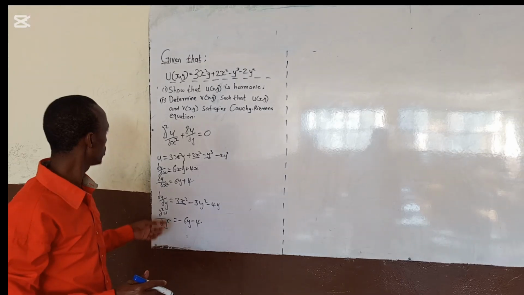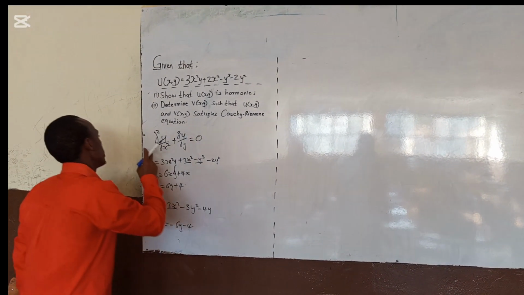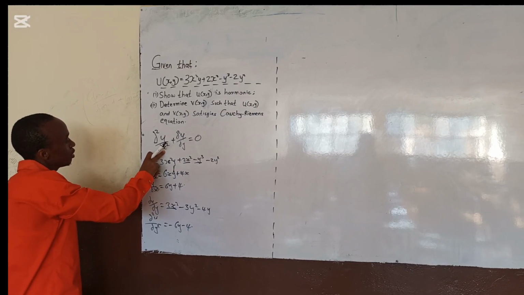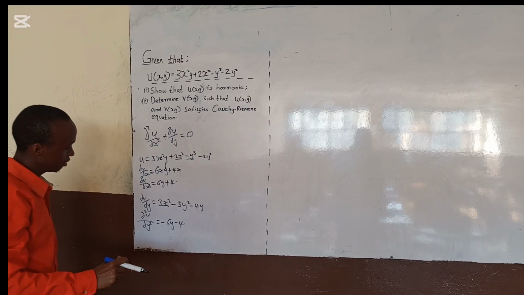Now, for us to show that the function is harmonic, the second derivative of u with respect to x plus the second derivative of u with respect to y must give us 0.